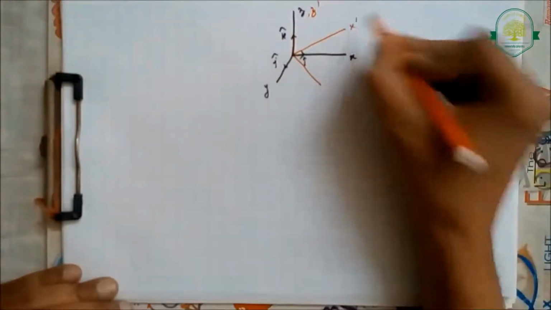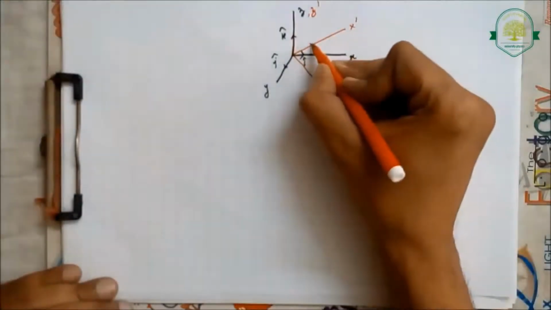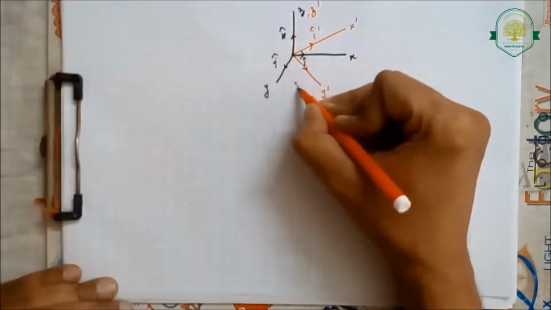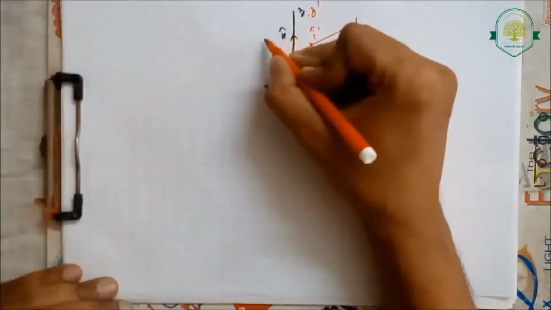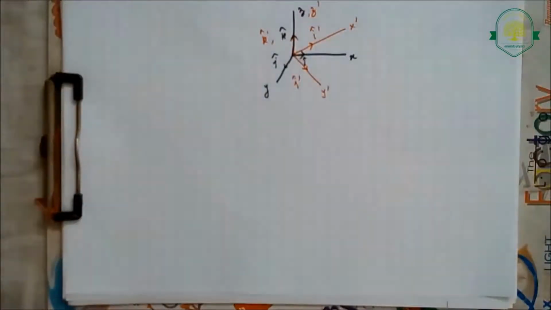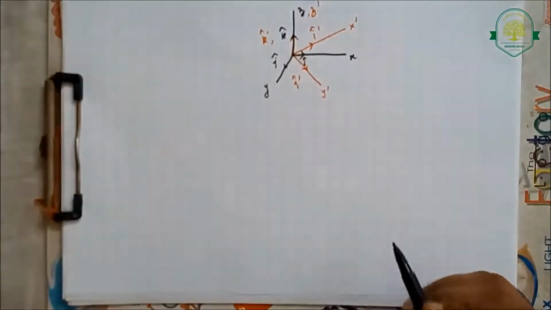This is our x-primed axis, this is our y-primed axis, and along this line we have our i-primed cap, along this line we have our j-primed cap, and the k-primed cap is in the same direction with the same magnitude of unity, that is along the z-axis and having magnitude 1.